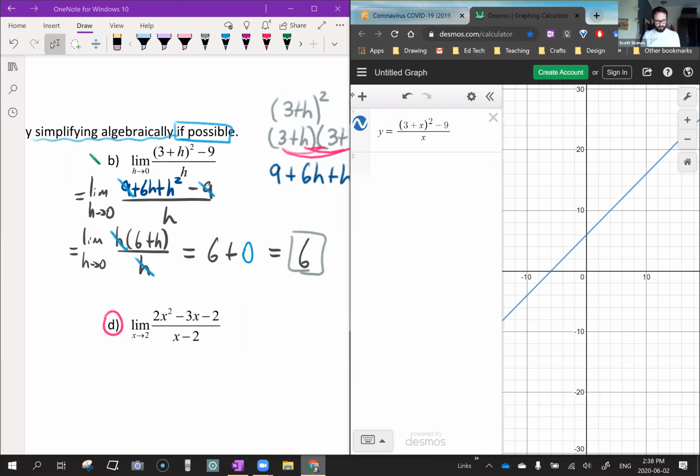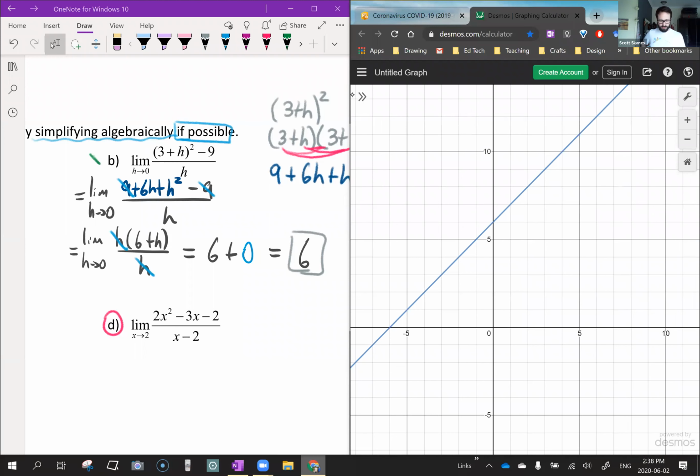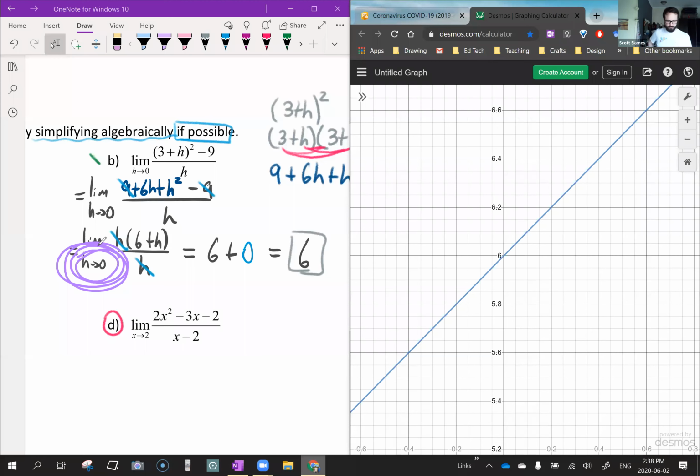Look at that function. That's a whole lot simpler function than you might have thought it was going to be. If we zoom in on this, as x approaches 0, or in this case h, but it all means the same thing, as we go to 0, what are we going to get? 6. It goes to 6, so we're correct.